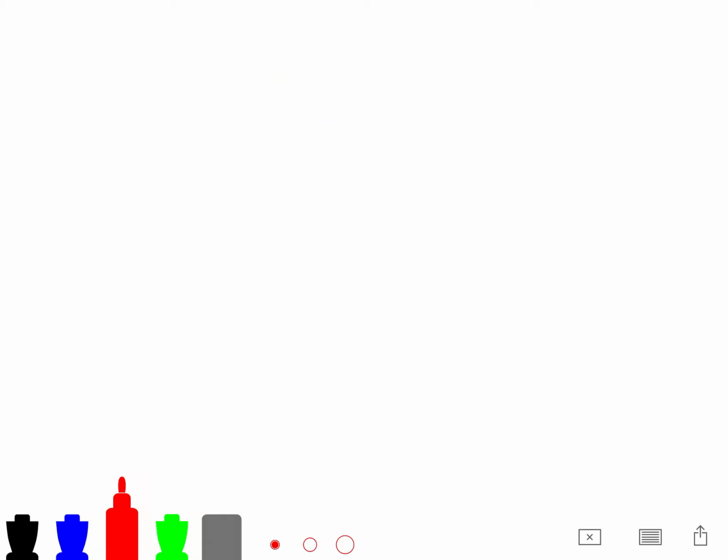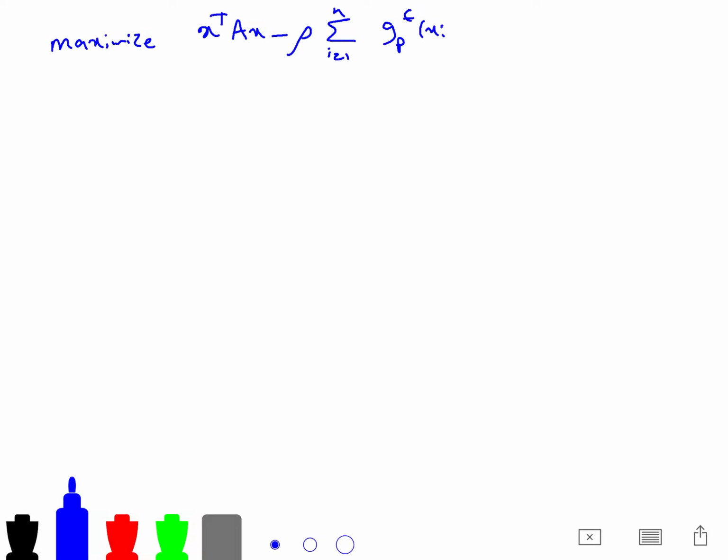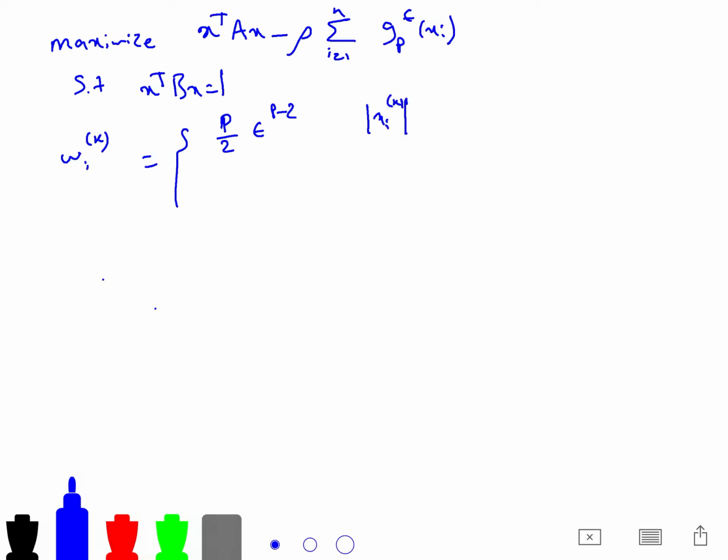So finally I can say that using smooth approximation, we want to maximize x transpose A x minus rho times g_p epsilon of x_i, subject to x transpose B x equal to 1. And we noticed that at k-th iteration, this becomes this in the epsilon neighborhood.